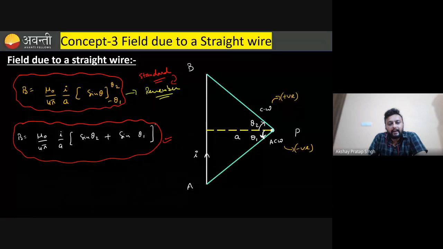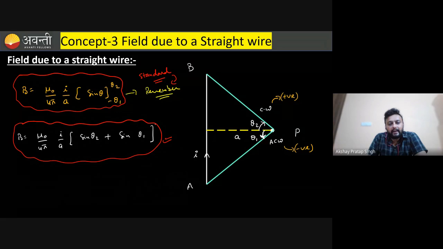Is this thing clear? Now, you can use this result directly whenever the ends of the wire are on either side of the point P. Like this is point P, point A is below it, and point B is above it. In that situation, or you can say point P is somewhere in between the wire, then you can use this relation directly without any hesitation.